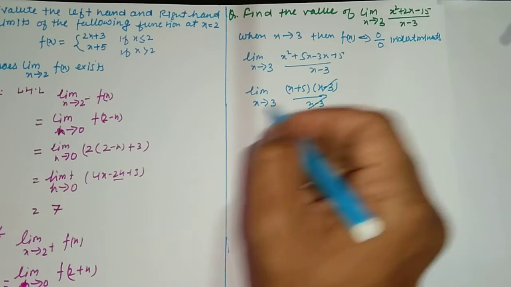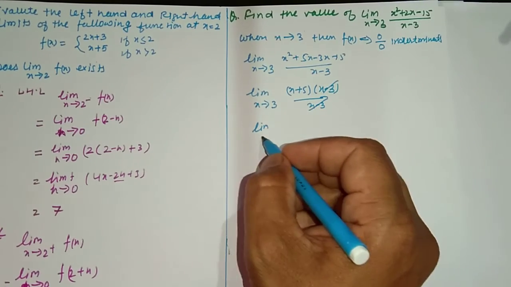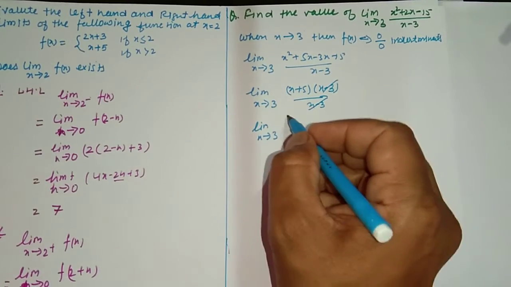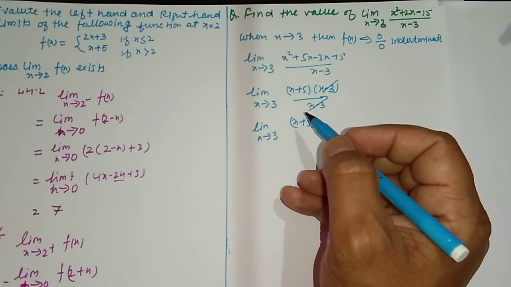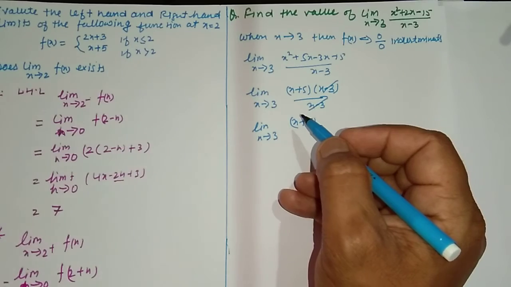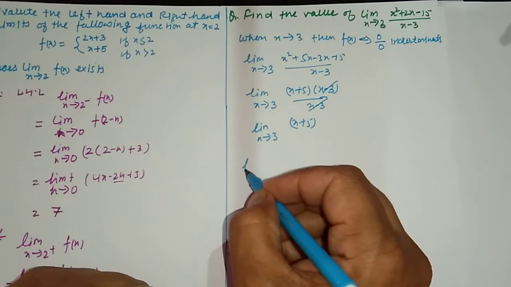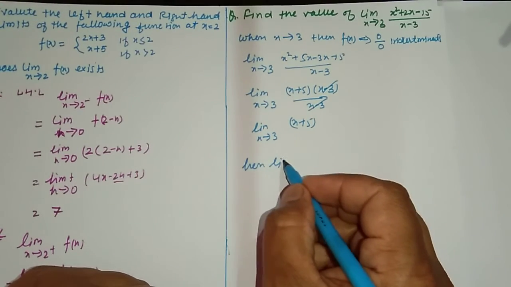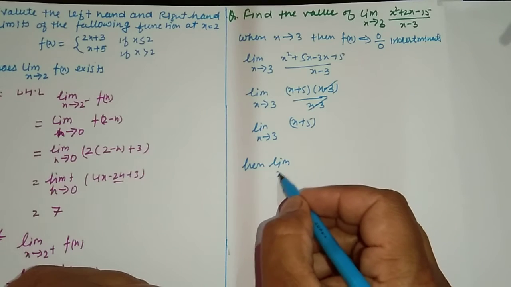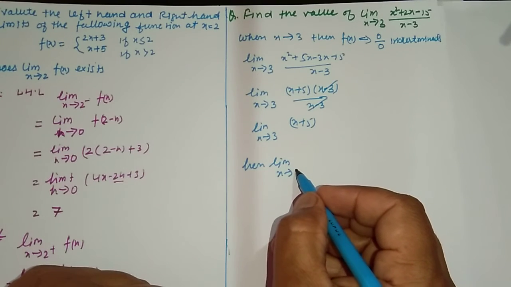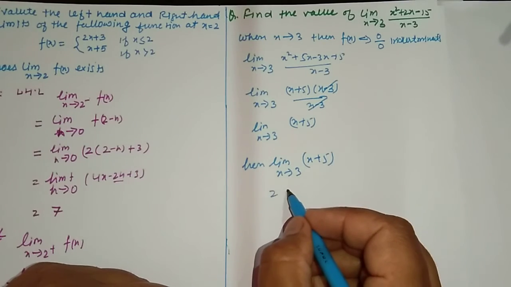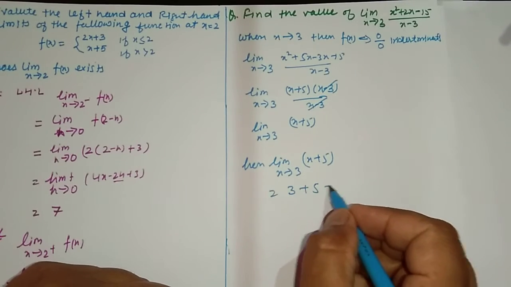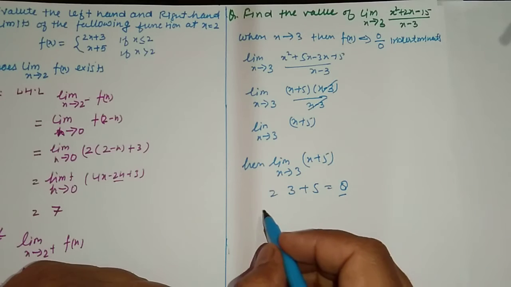So it cancels out. Now we have limit x tends to 3 of x plus 5. So what do we have to find? We have to find the value of the function. Hence limit x tends to 3 of x plus 5. In place of x we put 3. So now we get the answer 8.